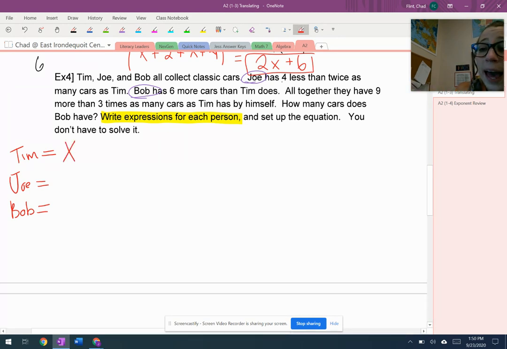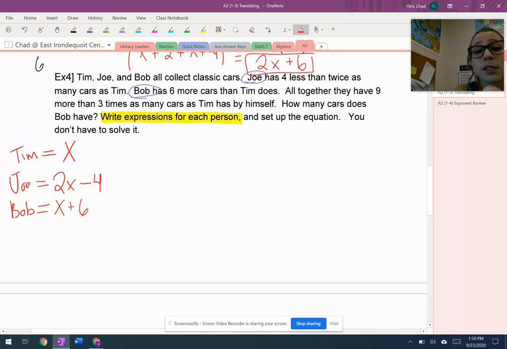So Joe has 4 less than twice as many cars as Tim. Twice as many cars as Tim is 2x, twice as many times 2. And remember, that 4 less, or that minus 4, has to come at the end. And now Bob has 6 more cars than Tim does. Well, if Tim has x and Bob has 6 more, that would be x plus 6.